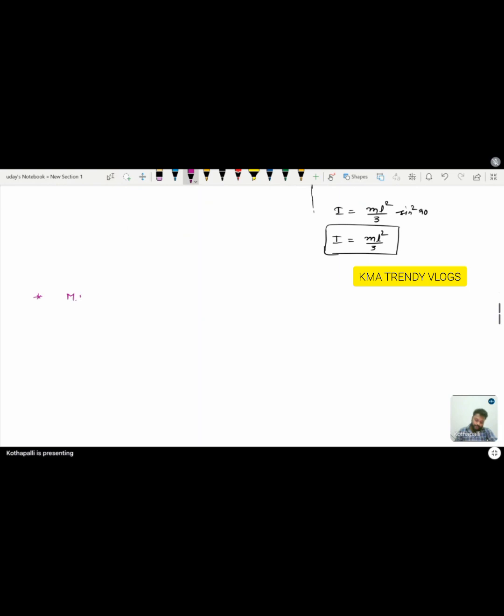moment of inertia of a uniform rod, same, of mass m, length L, about an axis passing through its midpoint at an angle theta.